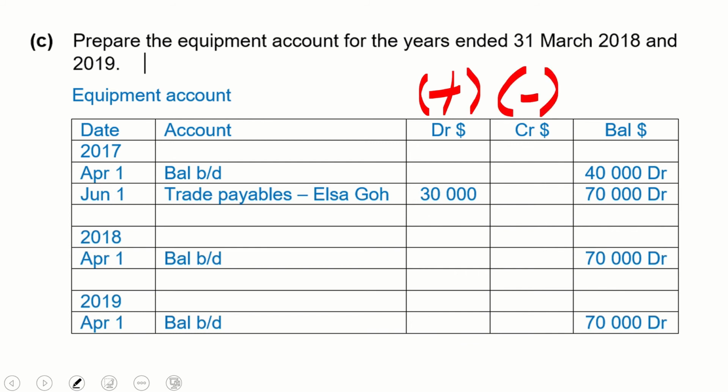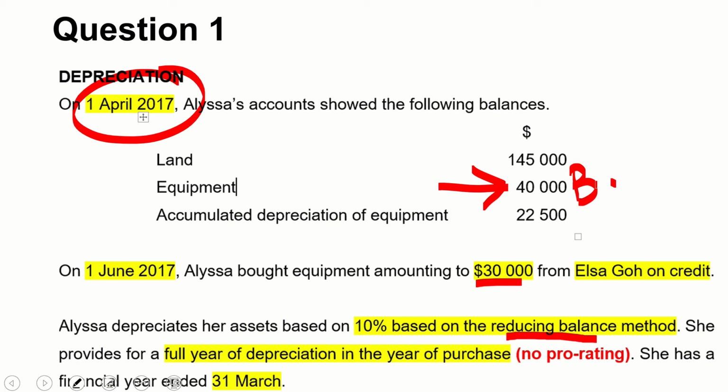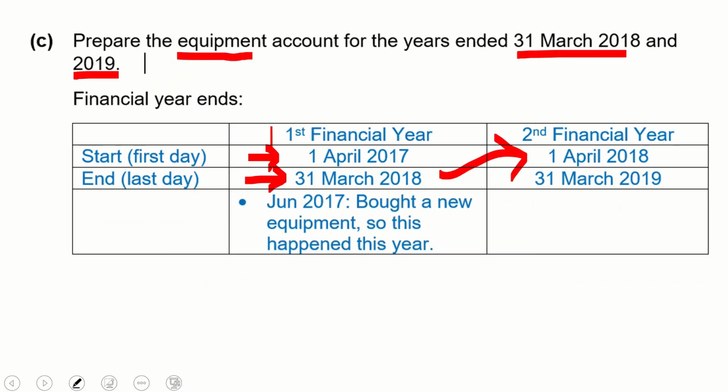So you started off by having a balance brought down on 1st of April. Where did I get this number from? In my question, it was informed that on the 1st April, there was an equipment cost of 40,000. This is the balance brought down on that first day.